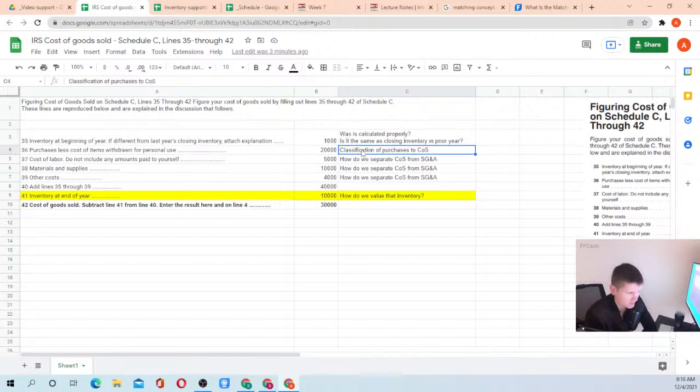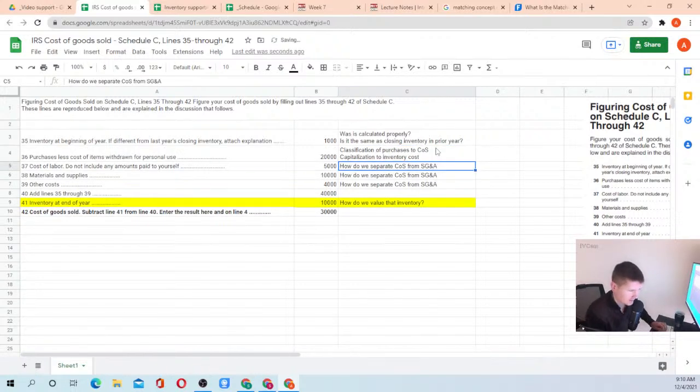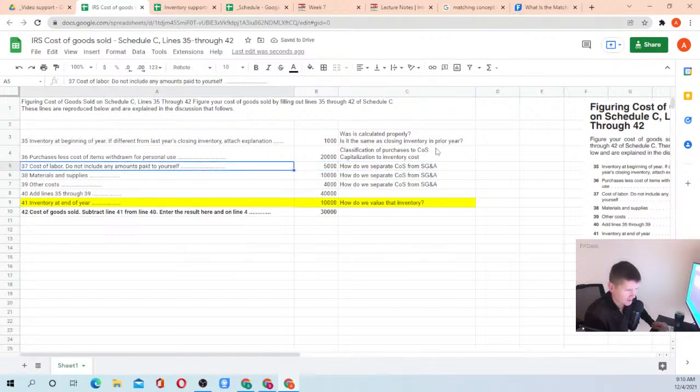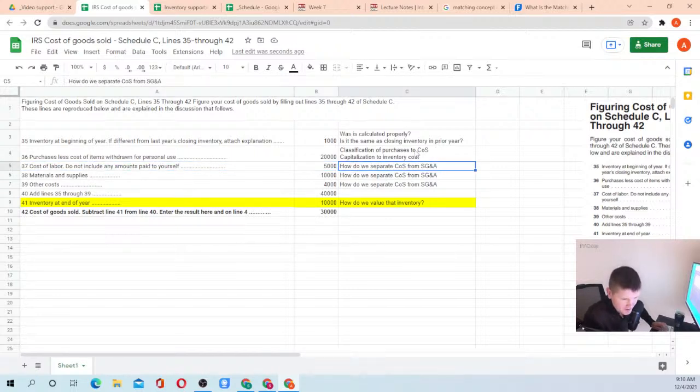Was it calculated properly? Then purchases: classification and capitalization to inventory cost. Then we have cost of labor. It's basically the same classification, which is how we separate cost of goods sold and G&A, and the same capitalization.